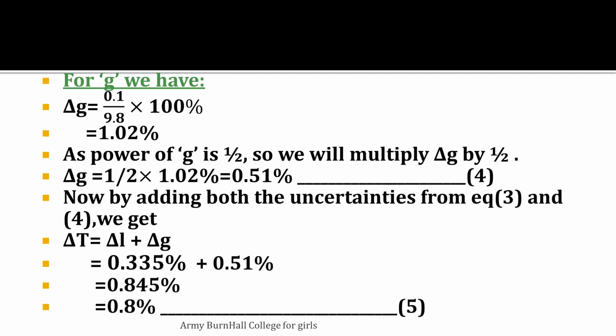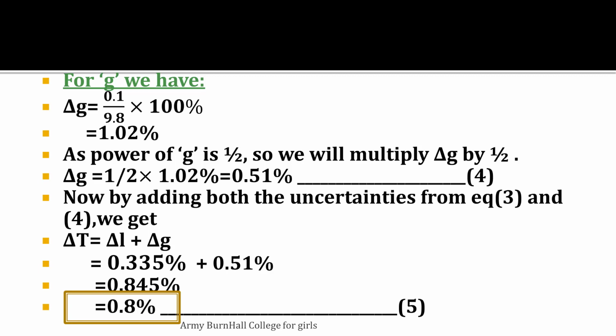That is a convention that we have to round off the uncertainty up to one significant figure, but if it is 1, then we can round it off up to 2 significant figures. So 0.8% is total uncertainty in time period.